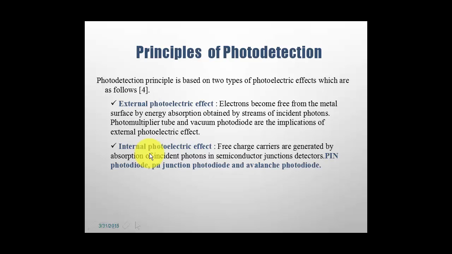The second one is the internal photoelectric effect, in which free charge carriers are generated by absorption of incident photons in semiconductor junction detectors like the PIN photodiode, PN junction photodiode, and avalanche photodiode. Important detector properties are responsivity, spectral response, and rise time.